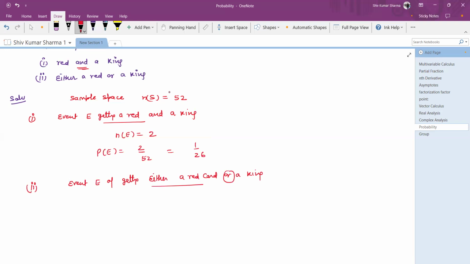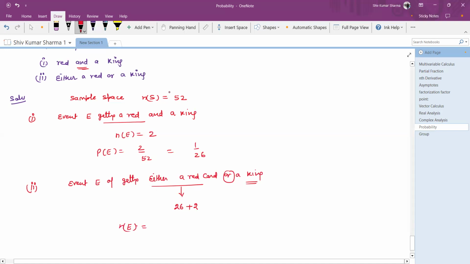Or means union. So how many red cards are there? 26 red cards, plus a king. In the 26 red cards, two kings are already included, but two kings are taken from the black cards. So plus two.